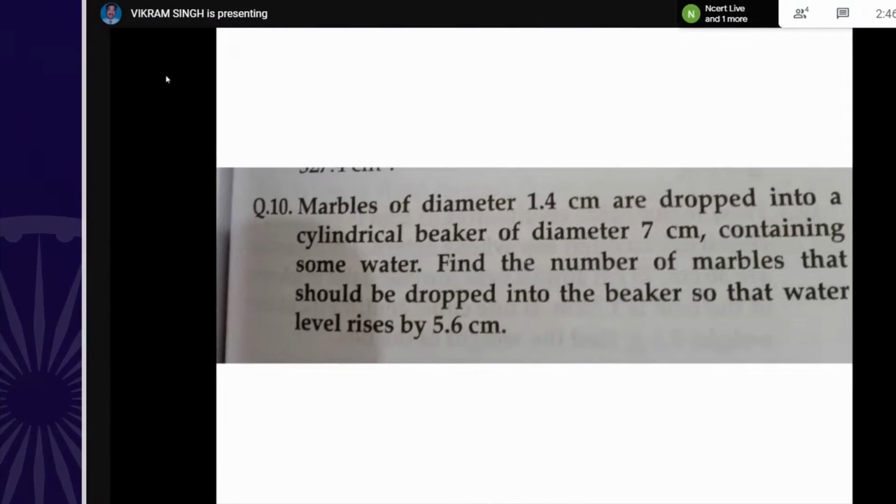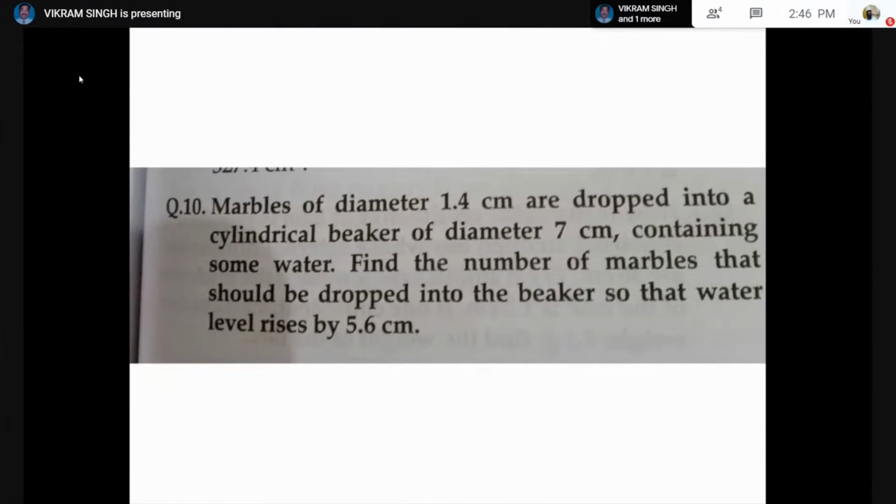So just go for the question. Marbles of diameter 1.4 centimeter. It means marbles are automatically in the shape of a sphere, so the diameter of that sphere is given as 1.4 centimeter. Again I am reading the question for simplicity: marbles of diameter 1.4 centimeter are dropped into a cylindrical beaker.